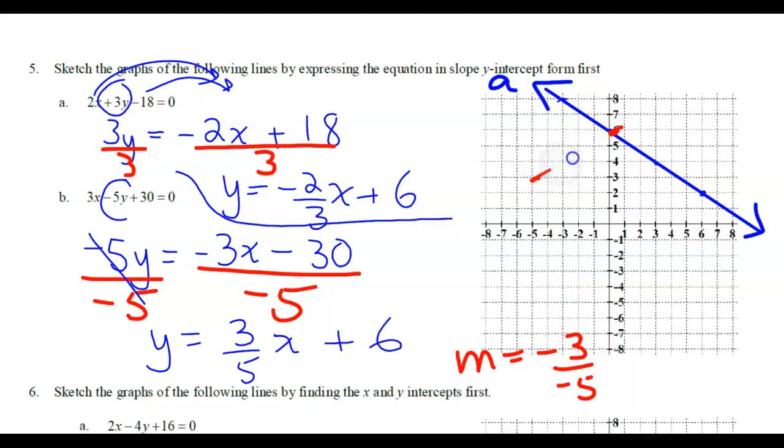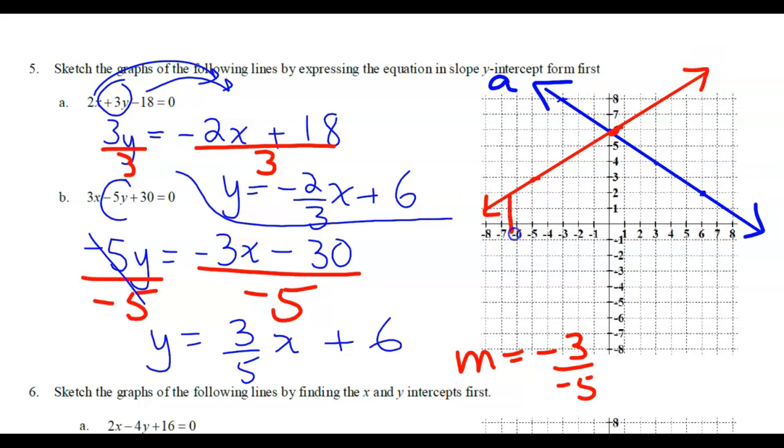Okay, so I'm going to go here. I'm going to extend it. Try to extend beyond the points that you plot. Not so bad.